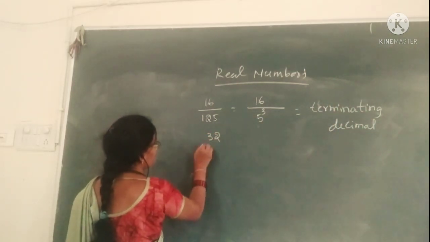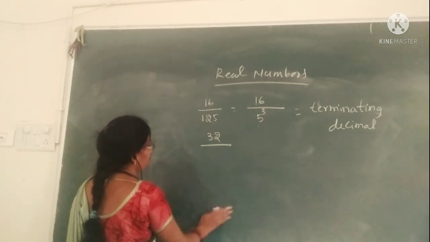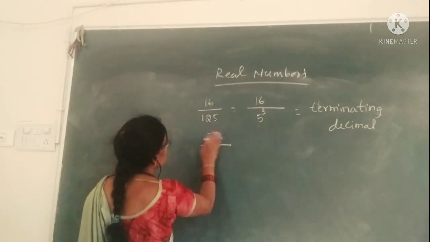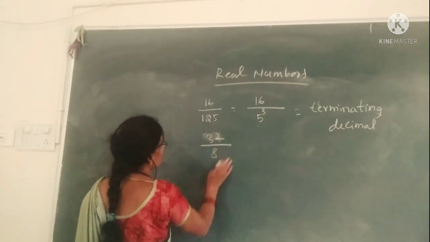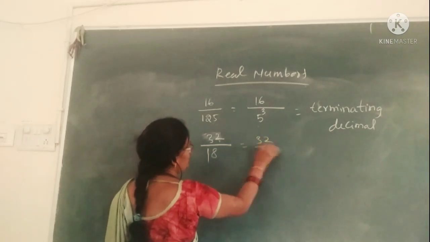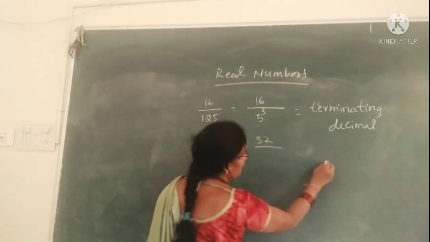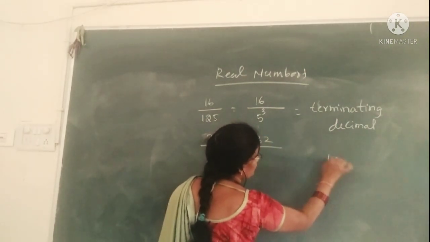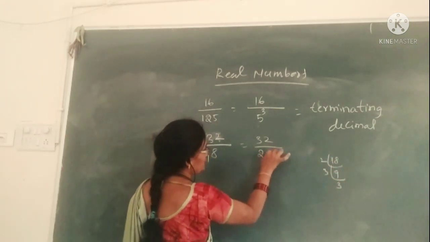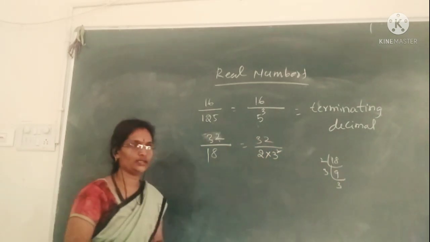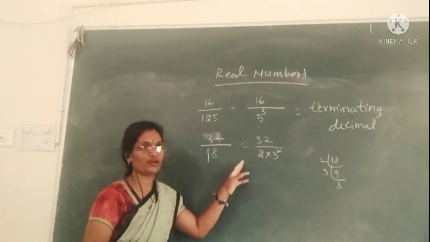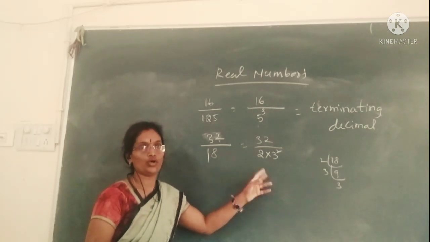So take another example, 32 by 18. 18 we can write as 2 9s are 18, 9 is 3 3s. So 2 into 3 square. In p by q, q is of the form power of 2, power of 5, both 5 and 2.